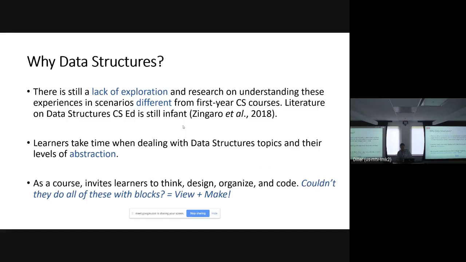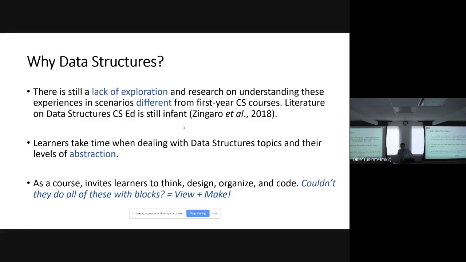That got me to read and to see how many researchers, at least in the computer science education research community, are actually trying to bring the idea of blocks or visualization to upper computer science courses. I found that there were not so many. There are really few people working with blocks when it comes to upper level courses.